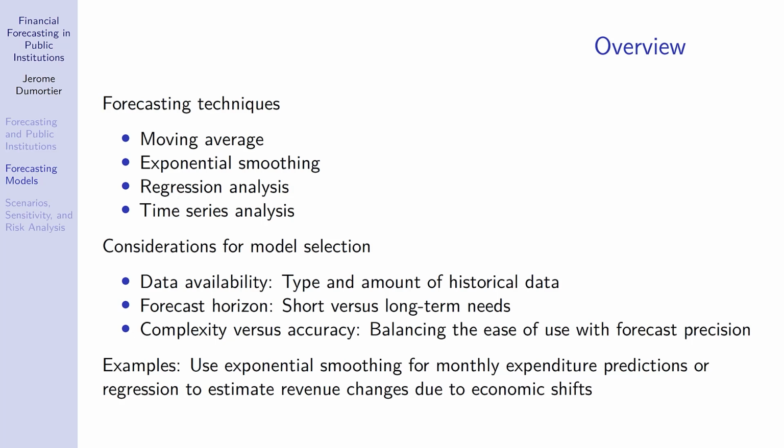And then it also has to balance complexity versus accuracy, in the sense that you can use, for example, time series analysis or regression analysis that is highly complex, but it may be no more accurate than other, simpler forecasting techniques.